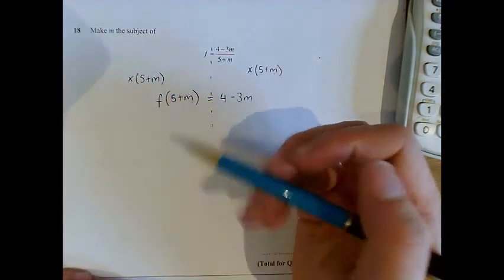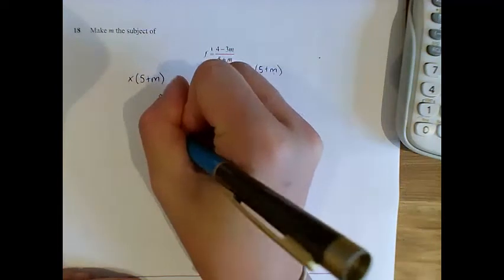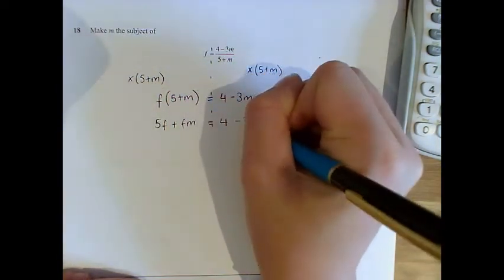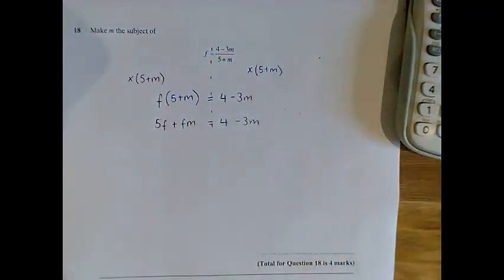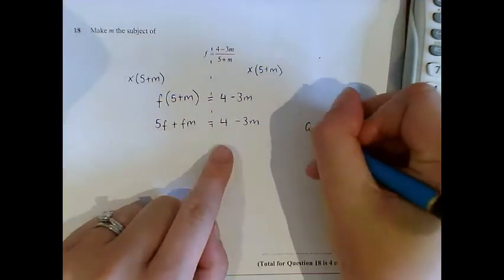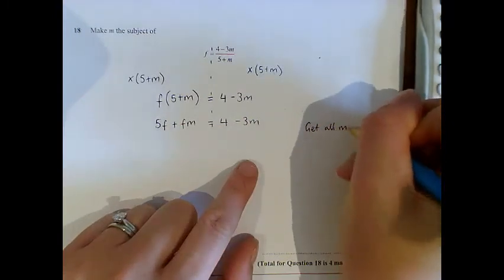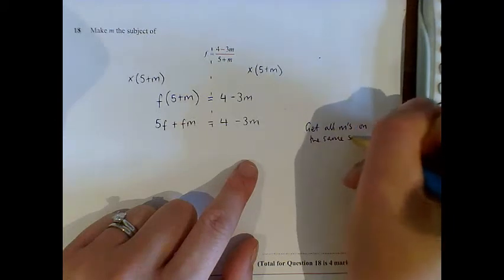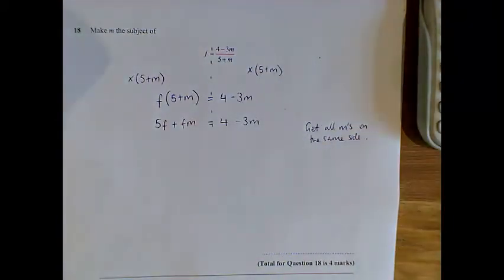I'm then just going to expand that bracket out. So I've got 5F add FM equals 4 minus 3M. Now, when you're making M the subject of the formula, you need to get all your M's on the same side. And everything that doesn't have an M needs to go on the other side.